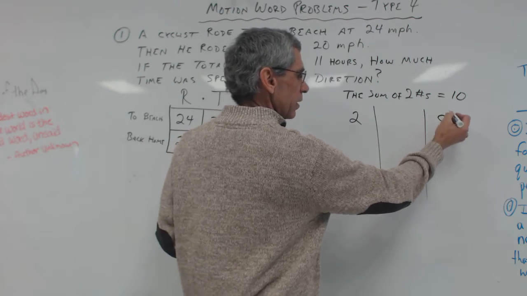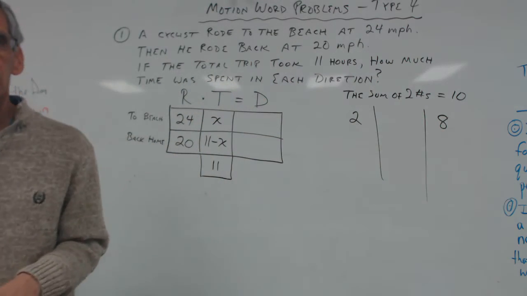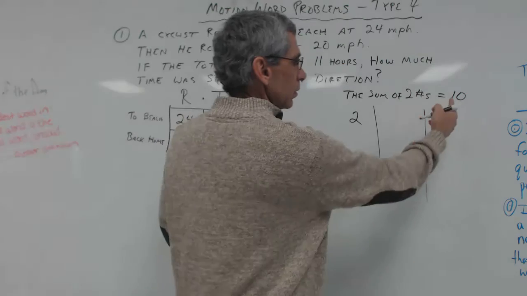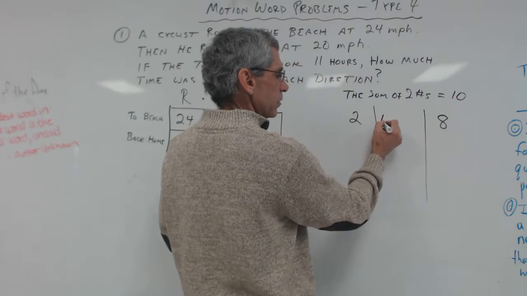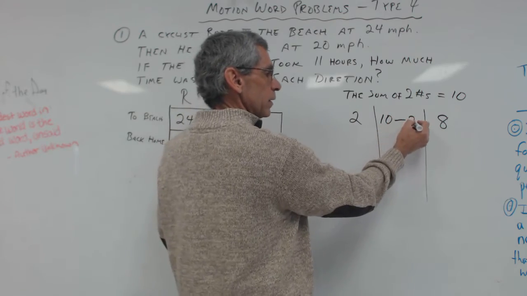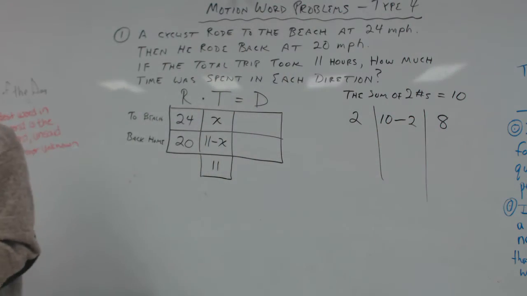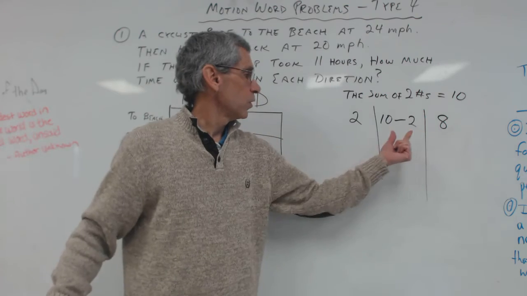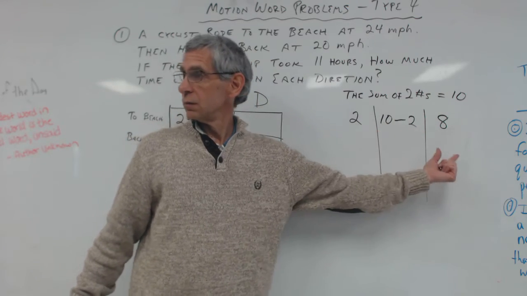How did you get that? You start with the total, 10, take the 2 away from it, and you get an 8. That's what's left over when you take this away from the total.